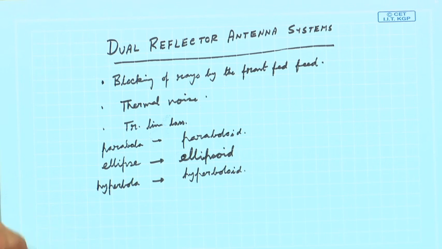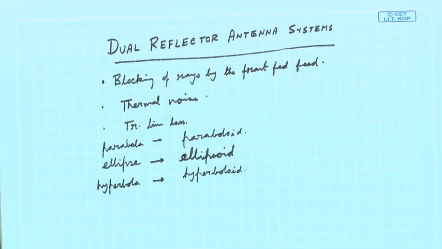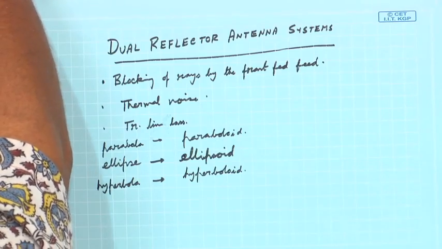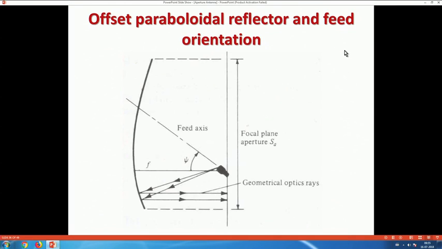Now, the importance of this is that these structures have two focal points. So, the feed may be placed at one focal point, and the second focal point can be made to coincide with the focal point of the paraboloid reflector.